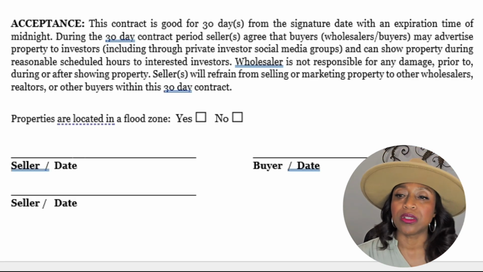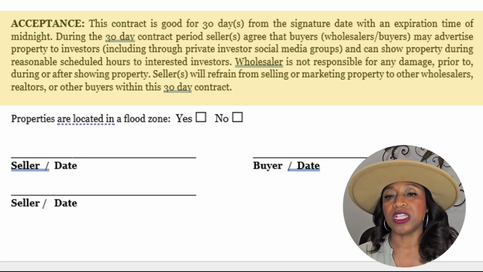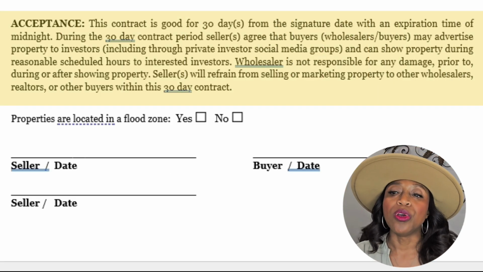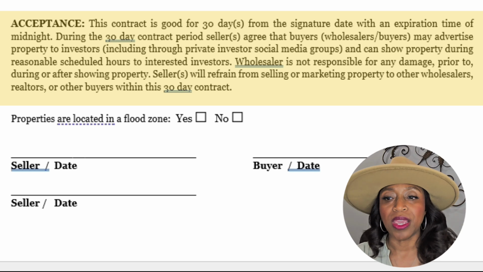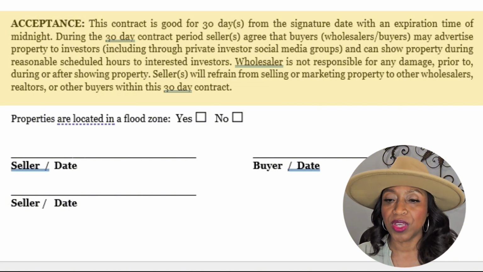Acceptance, this contract is good for 30 days from the signature date with an expiration time of midnight. During the 30-day contract period, seller or sellers agree that buyers or wholesalers may advertise the property to investors, including through private investor social media groups, and can show the property during reasonable scheduled hours to interested investors.